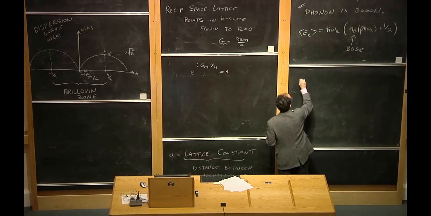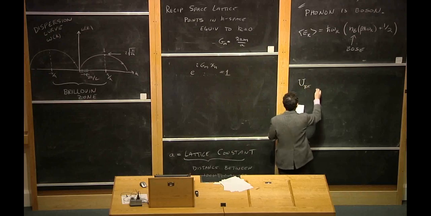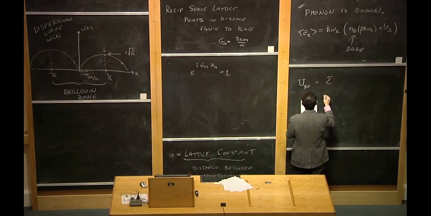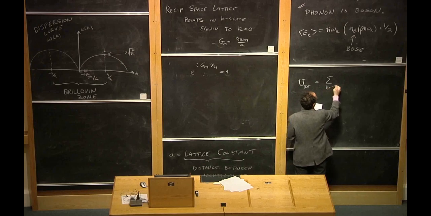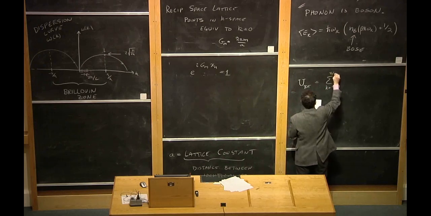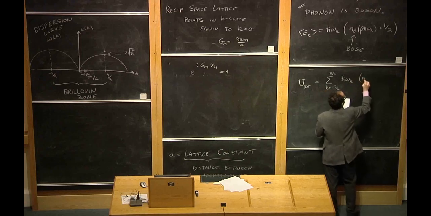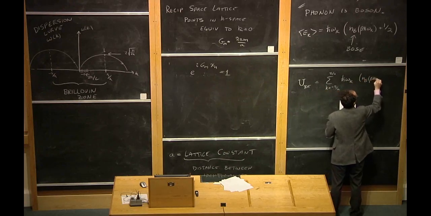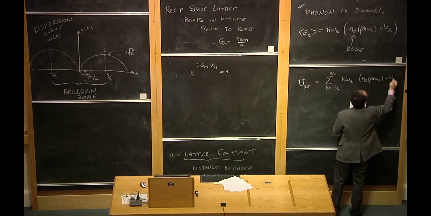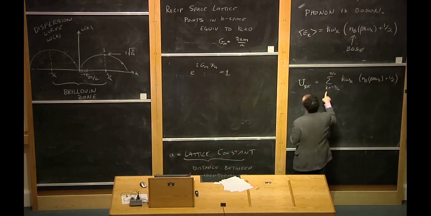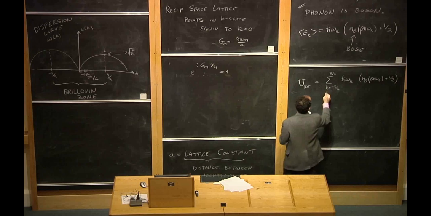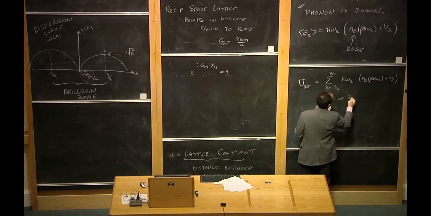So the exact answer, the total energy in the chain, is the sum over all of the modes, k equals minus pi over a to pi over a, of h bar omega k, times the Bose factor of beta h bar omega k, plus 1/2, where the k's are taken in steps of 2 pi over L.